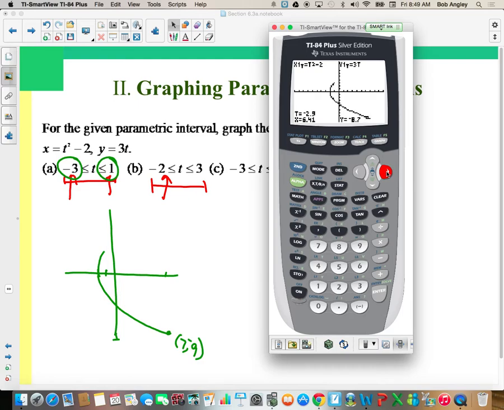The other thing is, though I did a right arrow, did you see that the cursor moved to the left? That doesn't happen in function mode, but it can happen in this mode. So what you need to understand is that your left and right arrow keys control T. They don't control X. That might be worth writing down.